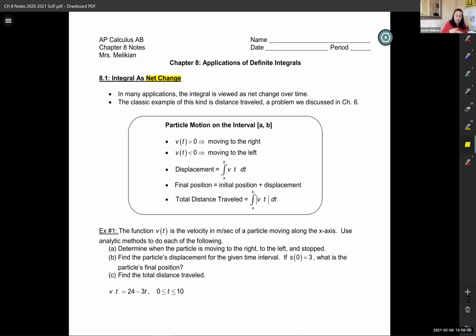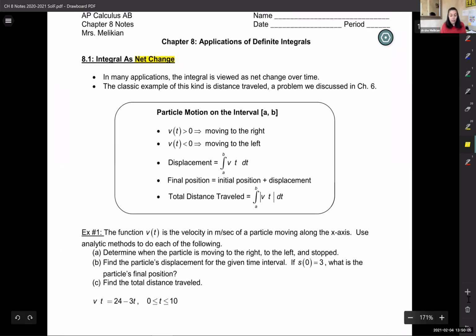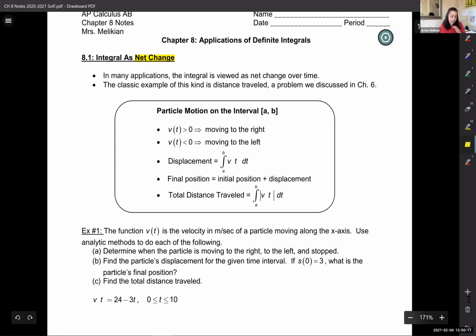The most obvious example is when we talk about distance traveled from velocity. We talked in chapter 6 a little bit about this. When we have a graph of velocity versus time, what did we say? We said the area underneath was the distance traveled.